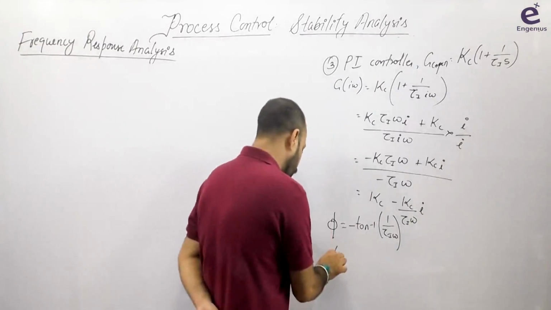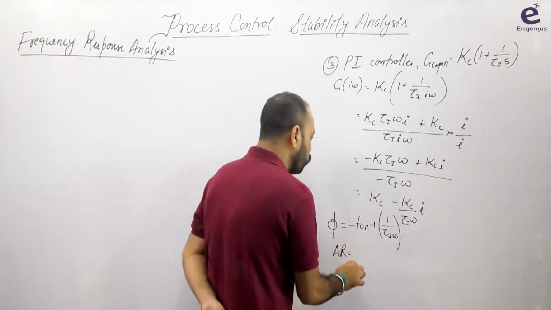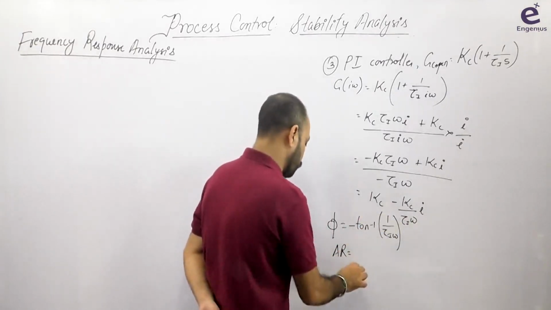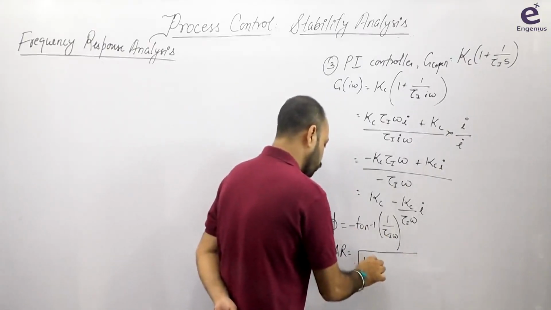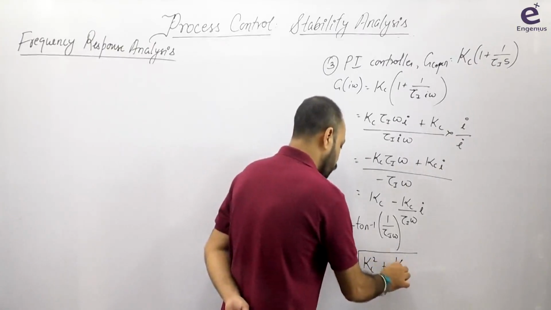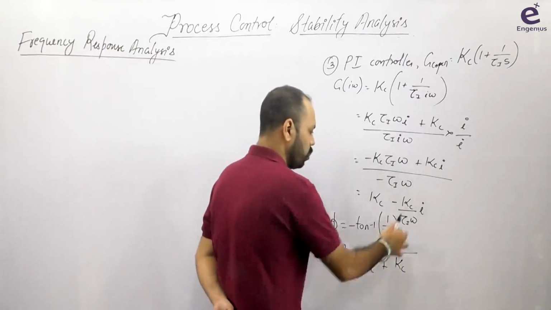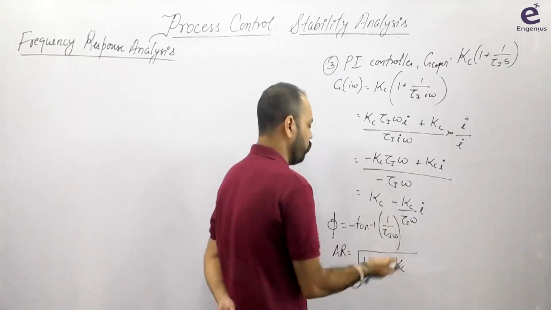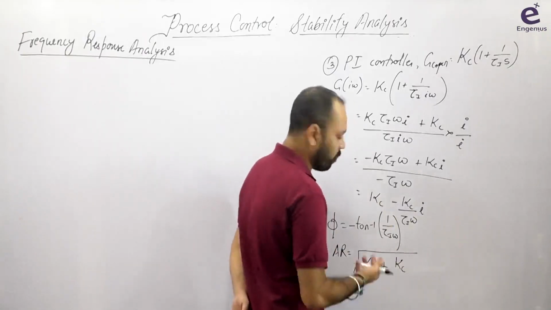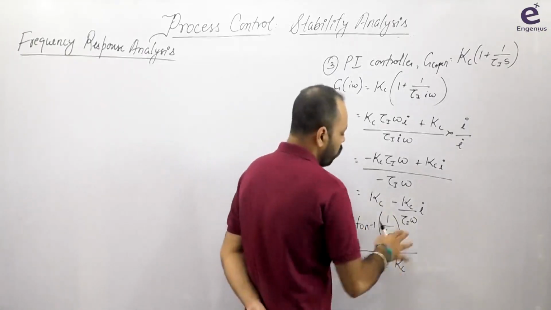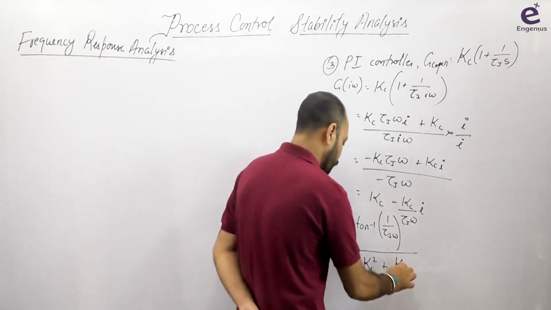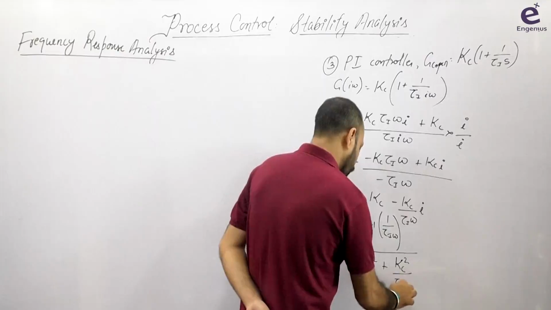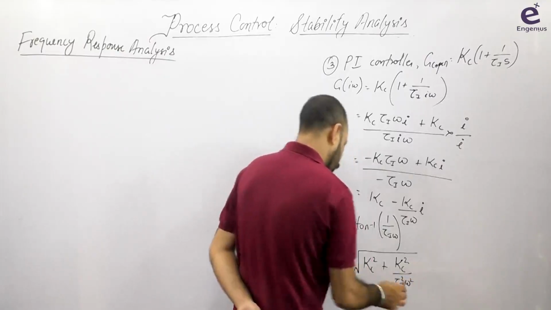Now what is amplitude ratio? Square root of this square plus this square. Square root of real part square, Kc square, plus imaginary part square. In imaginary part, don't consider iota. Even if you consider, there will be a problem because iota square is minus 1. Don't consider that. So imaginary part is only this, minus Kc by tau I omega. So that becomes Kc square by tau I square omega square.